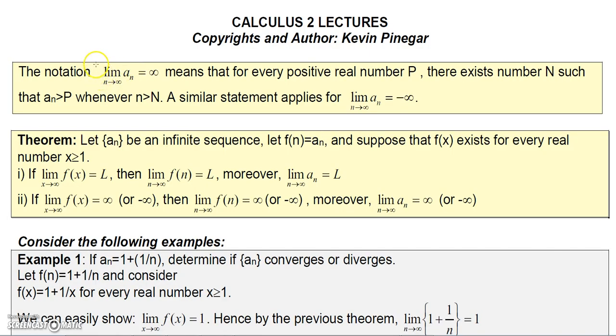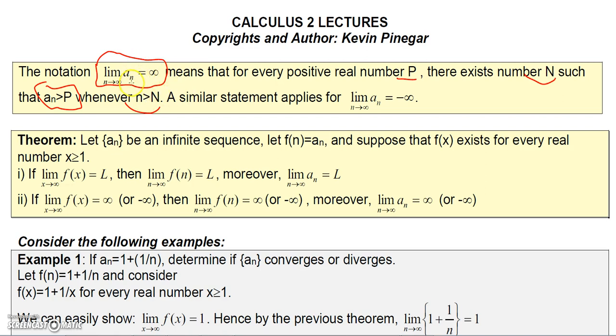Now, on the other hand, if we say the limit of the sequence as n goes to infinity is infinity, that means for every positive real number p there exists a number N such that the sequence will be greater than all of those numbers when n is greater than N. So basically, there's a term out there somewhere where all the terms will be greater than any positive real number that you could come up with.